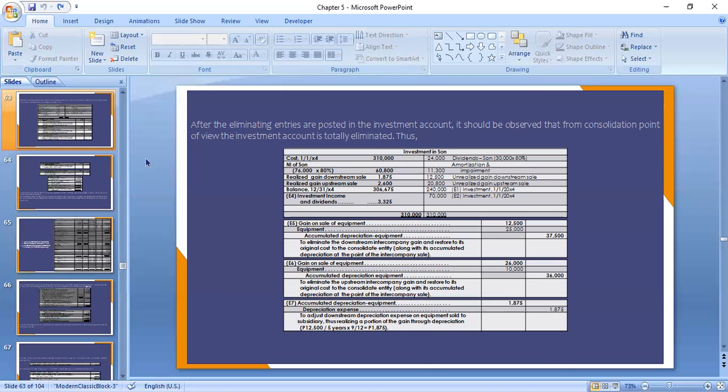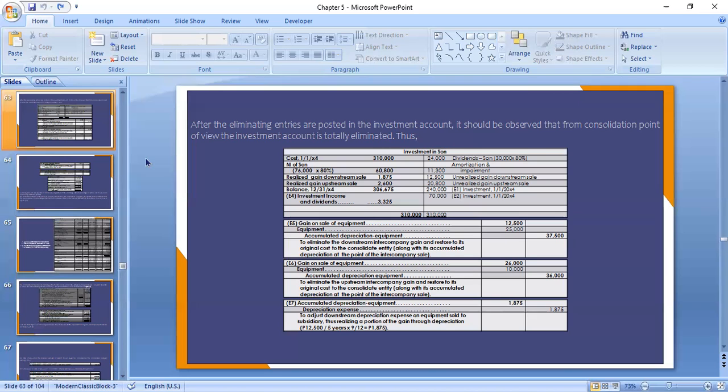Then we have to credit investment for dividends, for amortization and impairment, for the unrealized downstream and upstream sale, and the credit investment January 1 at 20x4, and this same with 70,000.